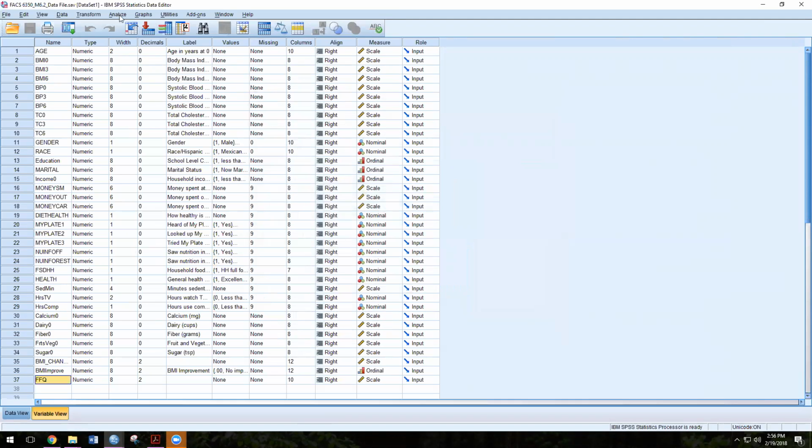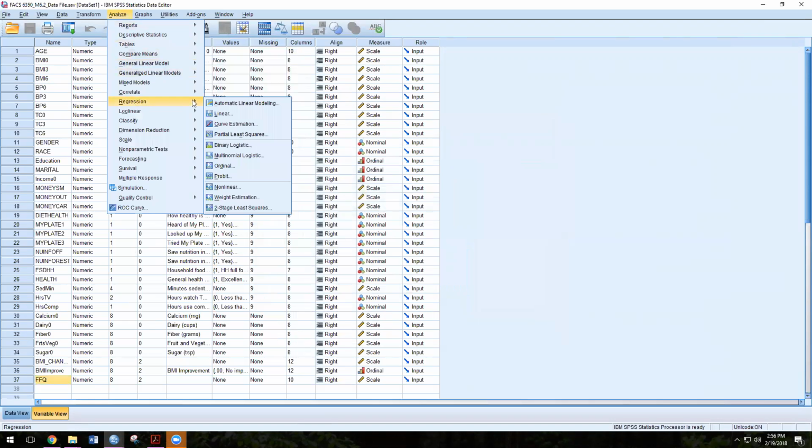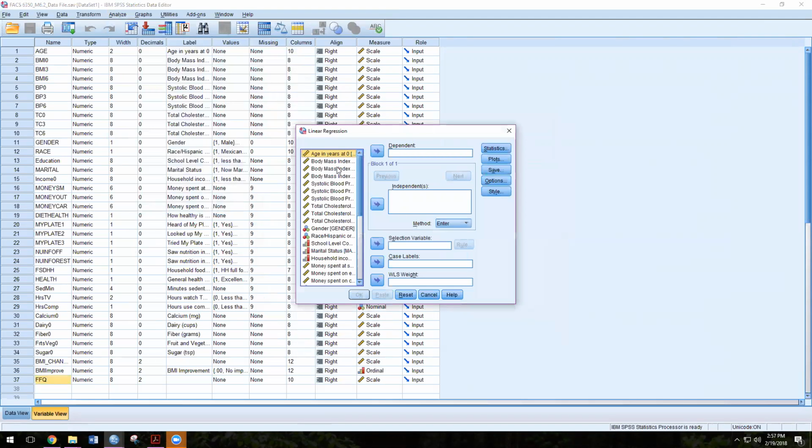So the next thing is, if I do a regression, I'm going to go to regression, linear. Let's see, I want to use money spent on eating out.